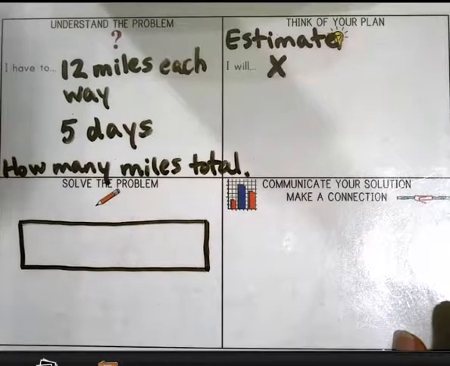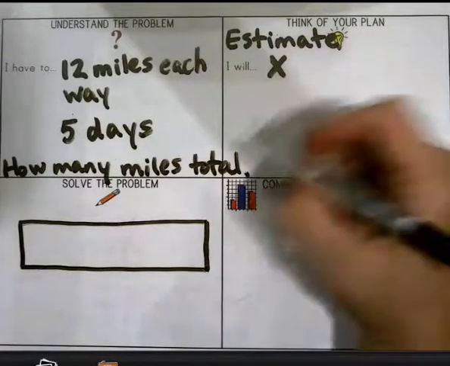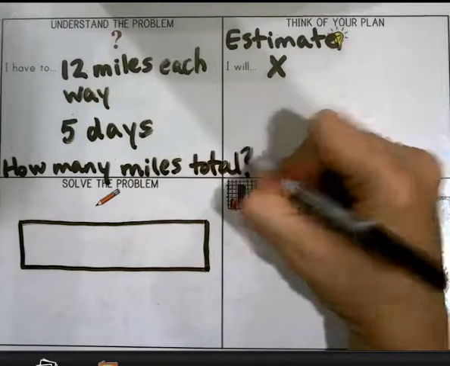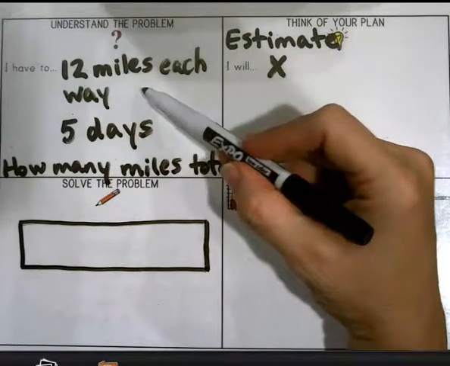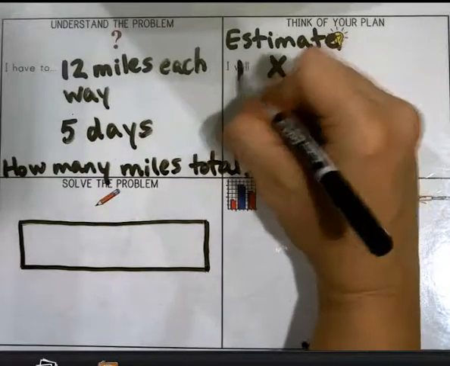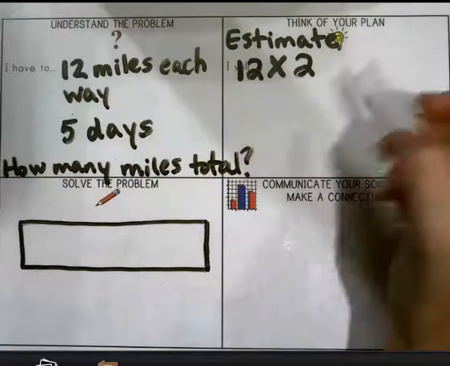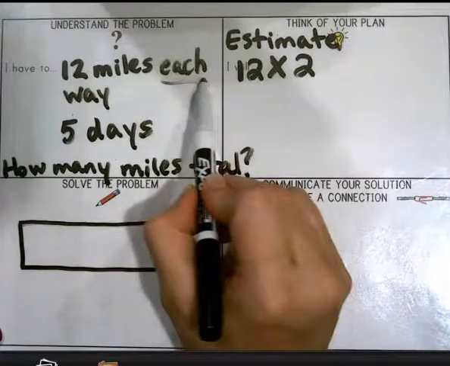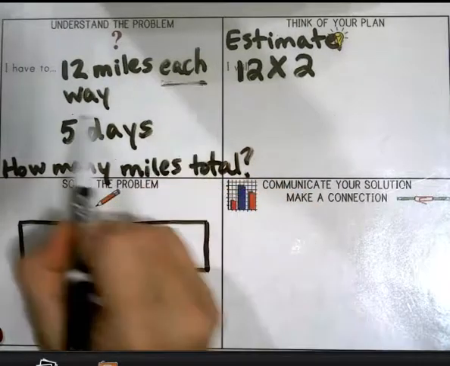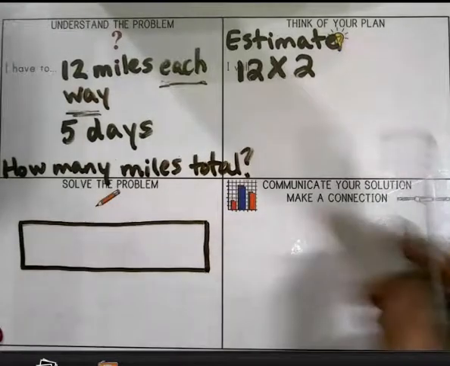So if your brain works differently than mine, you can do it a different way. But I'm thinking I'm going to go ahead and multiply the miles each way, which is 12. I'm going to do that 2 times first because I'm going to work and then I'm coming back home again. So each day I'm doing the 12 miles twice, right?